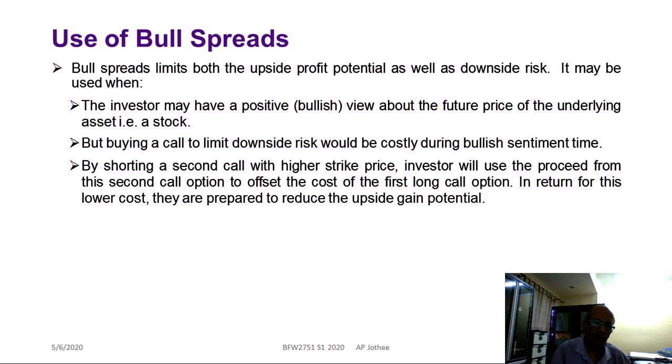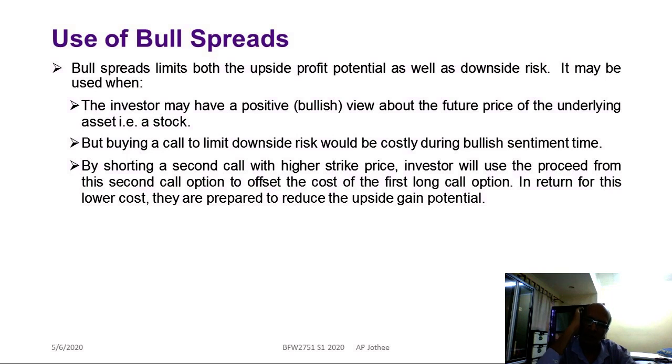What is the use of bull spreads? Bull spreads limit both the upside profit potential as well as the downside risk. It may be used when the investor has a positive or bullish view about the future price of the underlying stock, but buying a call alone would be costly during bullish sentiment.